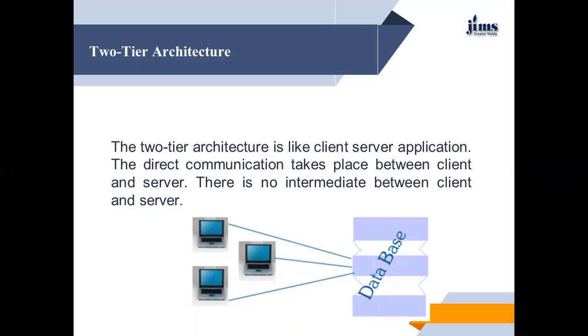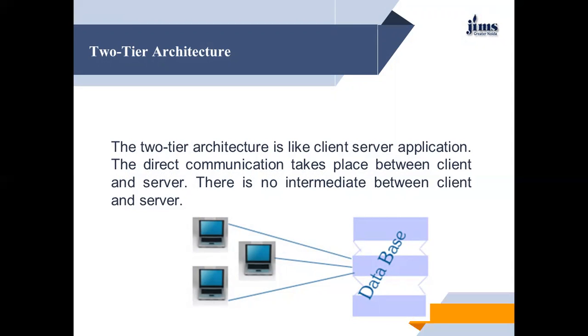Suppose in the figure, the client is there in the form of the monitor, and the server is the database server. The client interacts directly with the database, and whatever query is demanded by the client, the server responds accordingly.